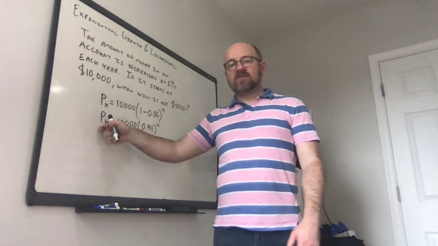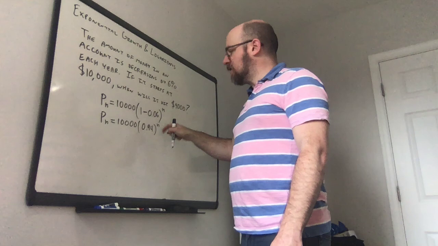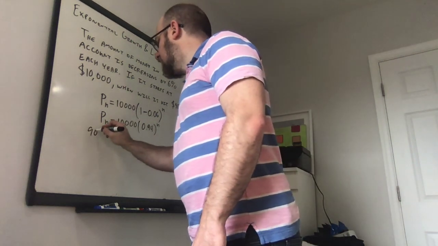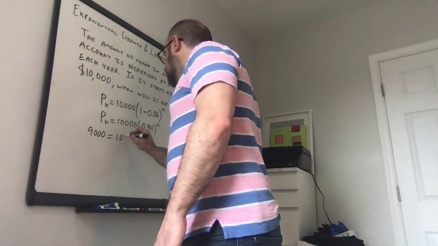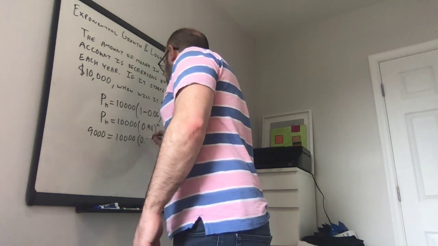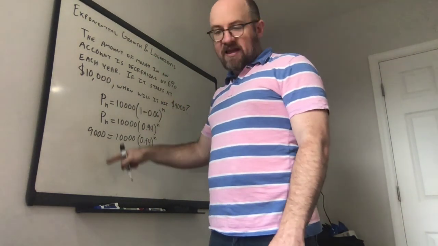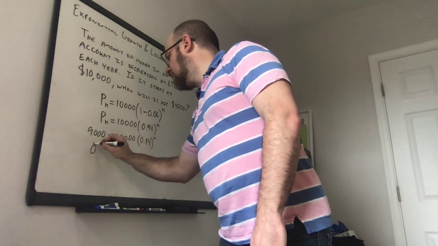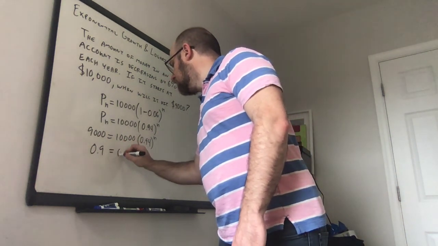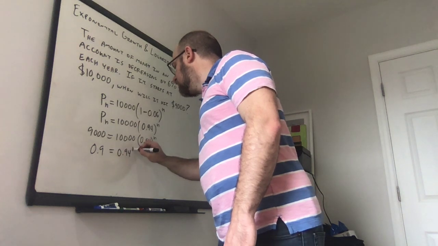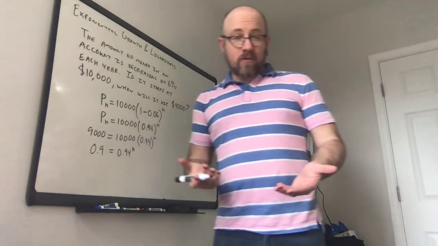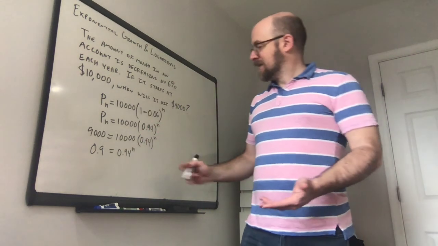We plug 9,000 in for P sub n, and we want to figure out what n is. So 9,000 equals 10,000 times 0.94 to the n. We divide by 10,000 on each side. So that's 0.9 equals 0.94 to the n. We take the logarithm of each side.